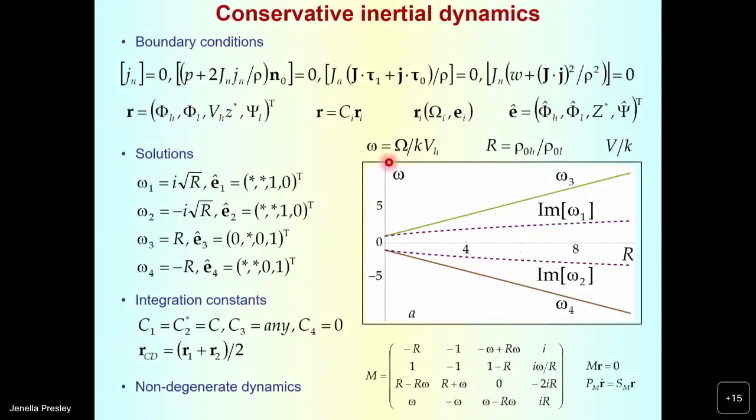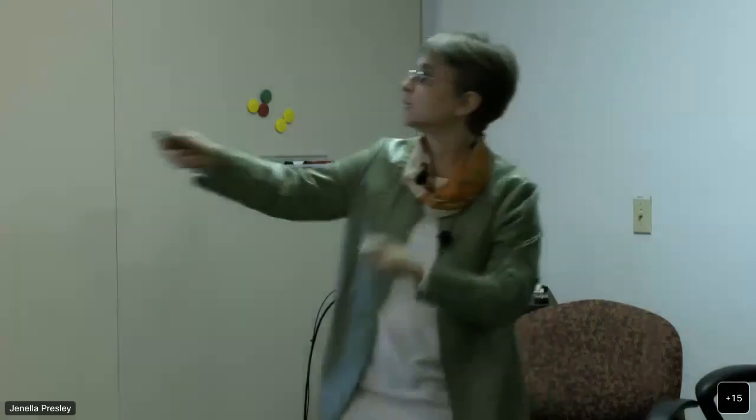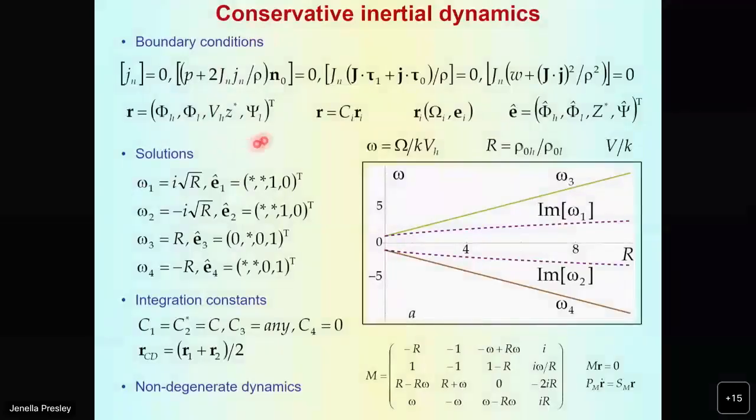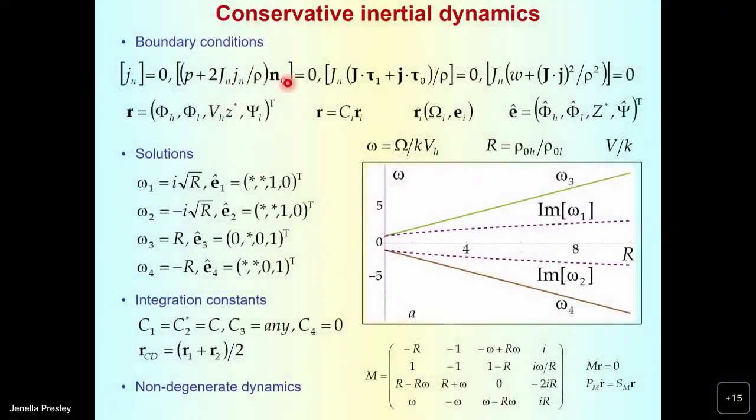A good note is that we have four variables: potential 1, potential 2, vertical field, and interface perturbation. Actually, I list them in the other way, so it would be potential 1, potential 2, interface perturbation, and vertical field, for convenience. We have exactly four fundamental solutions. Two of them are stable. They are omega 1, omega 2.